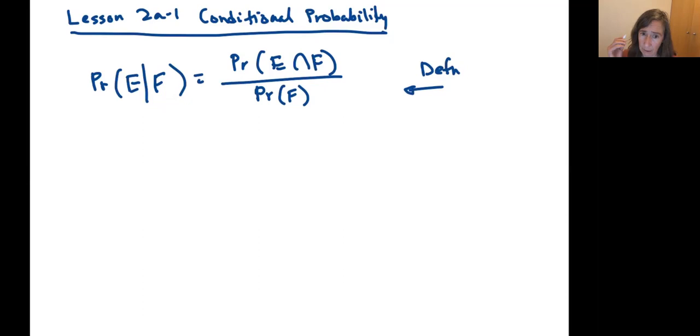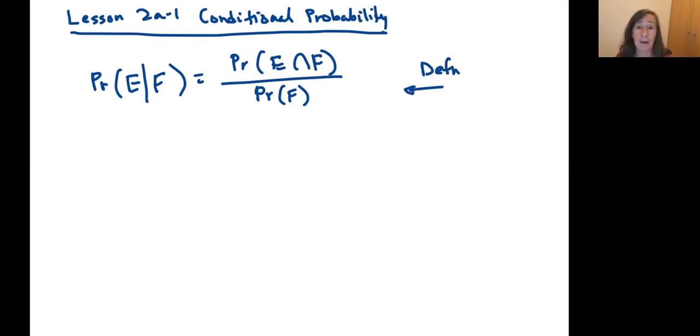Okay, so with that in mind, let's think about the logic of the definition here. In saying I want the probability of E conditional on F, it's like F is reality. F is true. F has happened. So the only way that E is going to happen is E intersect F. The only part of E that can occur is the part of E that overlaps with F, because F has happened.